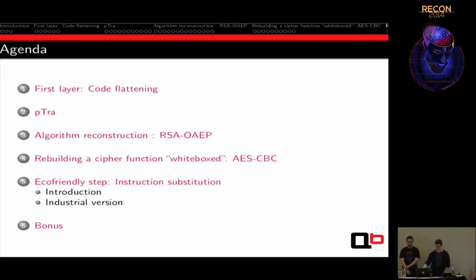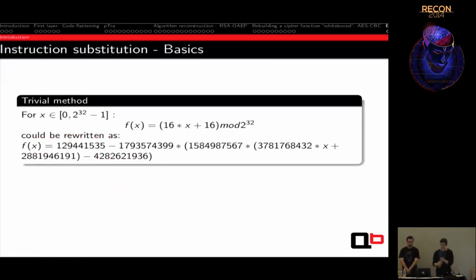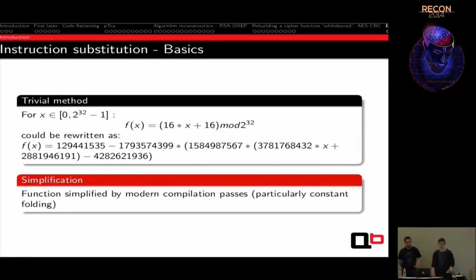Okay, last one, the instruction substitution. Basically, I think that everybody knows this. We begin with this kind of function, and we say, okay, we will just modify constants, add junk code, etc., to obtain the second one. And this is very easy to simplify thanks to constant folding. Compilation passes are very effective on this.